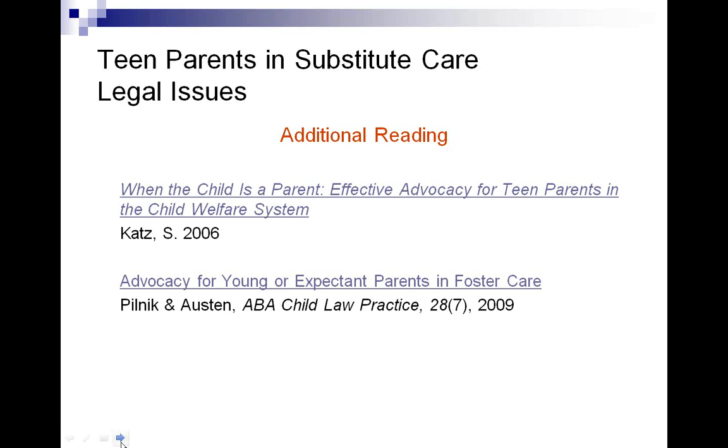California in particular can have a plan for the infant child without taking them into care, and I think it better respects the legal right of the teen parent to control their child and their destiny, while still giving the child welfare agency an ability to try to provide the services in an organized way.